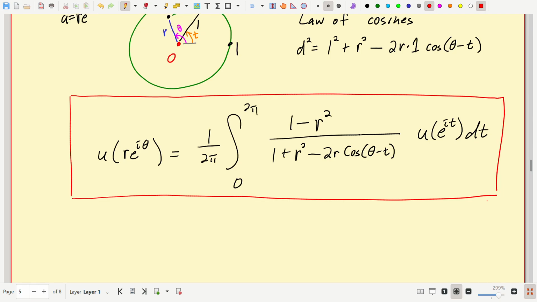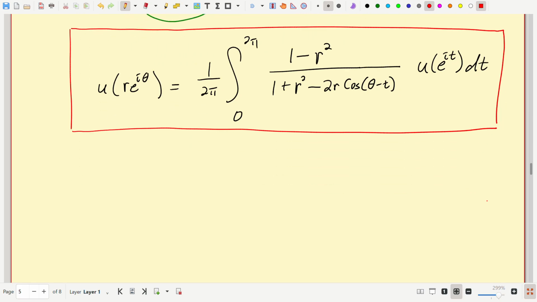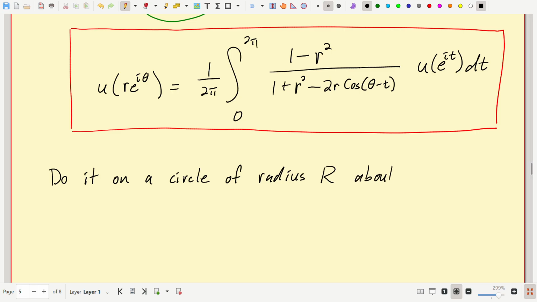You can also do this on a circle. I could do this on any old circle. Let me do it on capital R, a circle of radius capital R about not the origin, but about z naught.